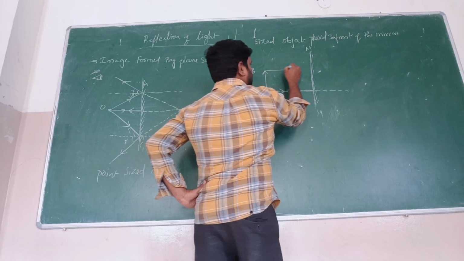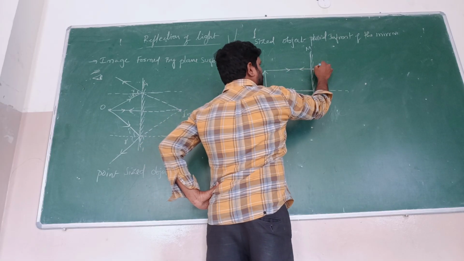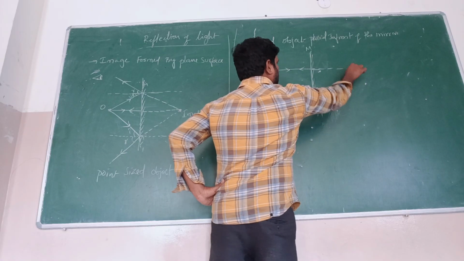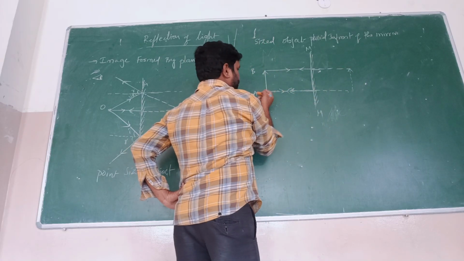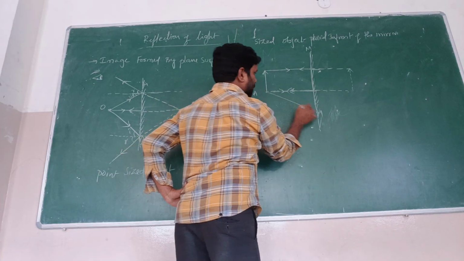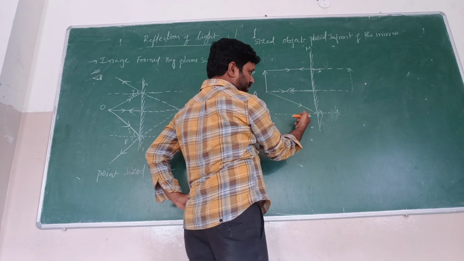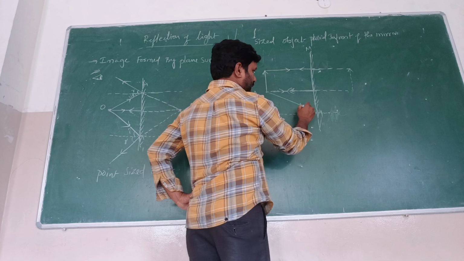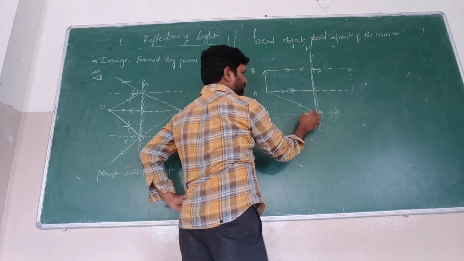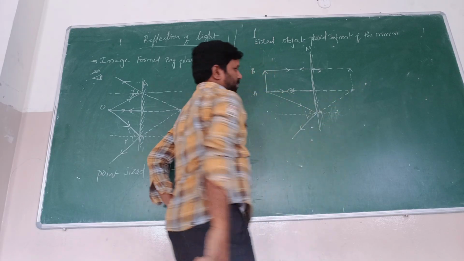One more light ray is incident on this and is also reflected normally back. One more light ray from the bottom of the object is incident here. At the point of incidence, we draw the angle of incidence, and it is equal to the angle of reflection. If you extend it, it will intersect here.